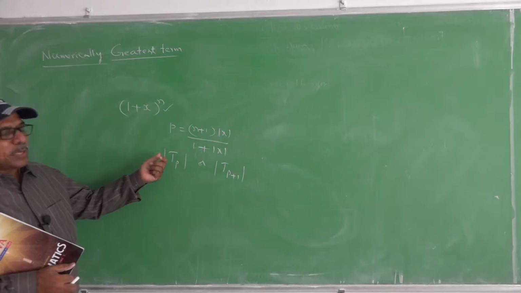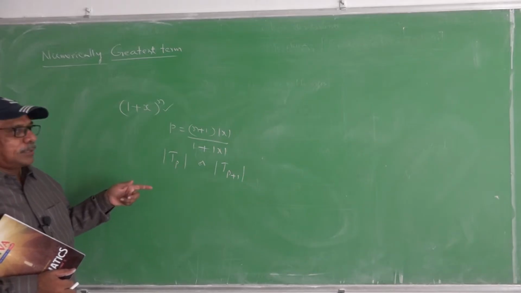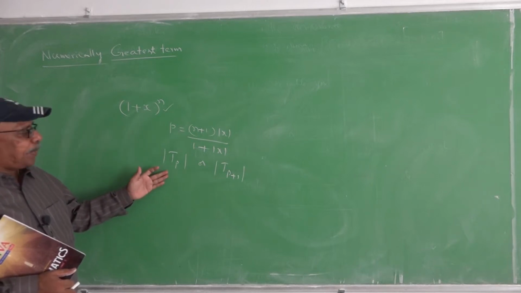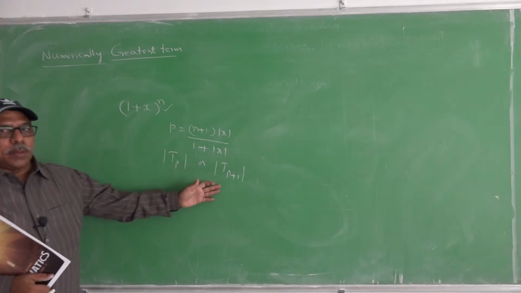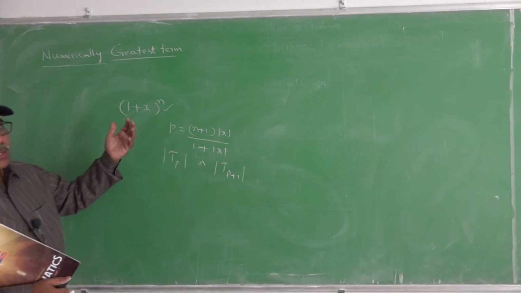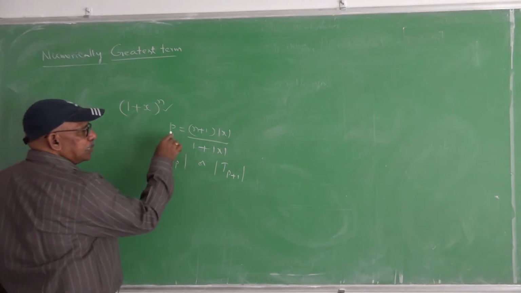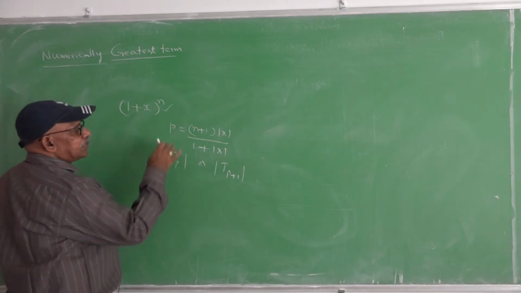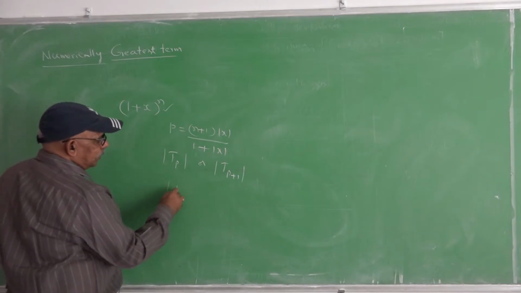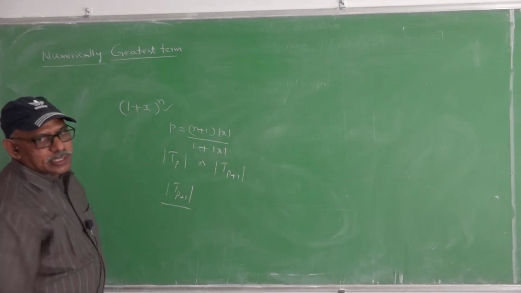Once calculating (n + 1)|x| / (1 + |x|) gives us an integer p, then the pth term or the (p + 1)th term are the numerically greatest terms of the expansion. Once p is not an integer, that means some integer plus fraction, then only Tp+1 is the numerically greatest term of the expansion.